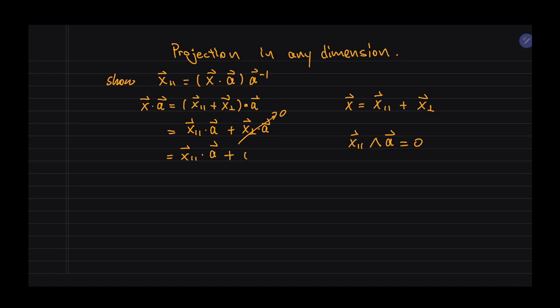So I can always add 0, but instead of 0, I write x parallel wedge a. So now you can see that we have x parallel dot a plus x parallel wedge a. So we can write x parallel geometric product vector a.